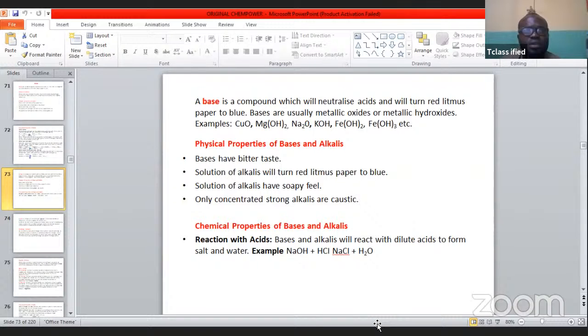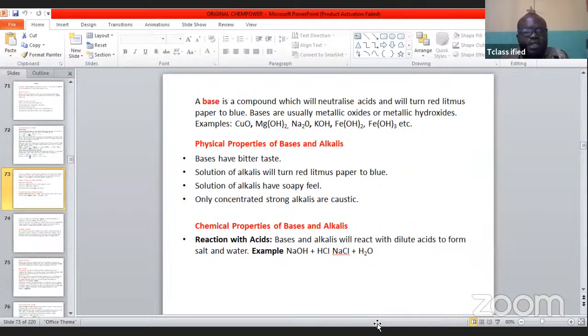So let's look at question number 18 from JAMB Chemistry 2016. The color of litmus in an alkaline medium is... So what's the color of litmus in an alkaline medium? Alkalis are basic hydroxides which are soluble in water.